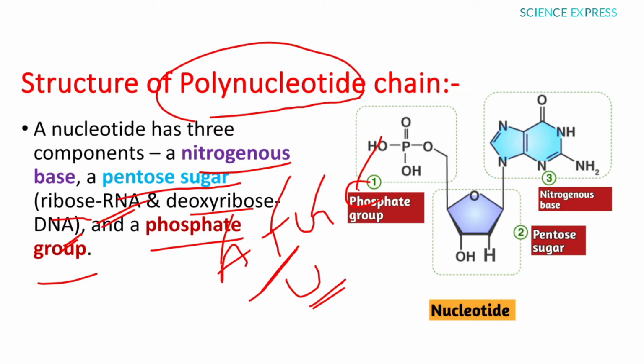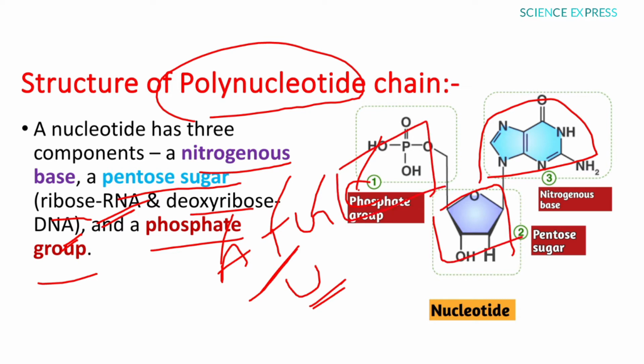In the picture we can see the nitrogen base, then the pentose sugar, and then the phosphate group. The combination of these three is called a nucleotide.